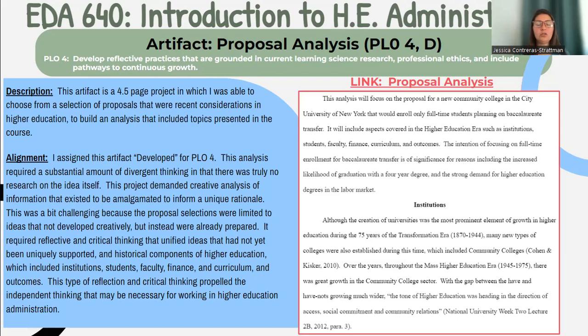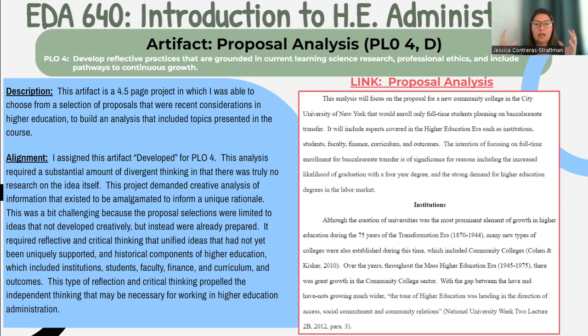So I had to build an analysis that included topics I had learned in the course, and I really felt like this required some divergent thinking, really just kind of out of the box, because there was no real research on this specific idea.